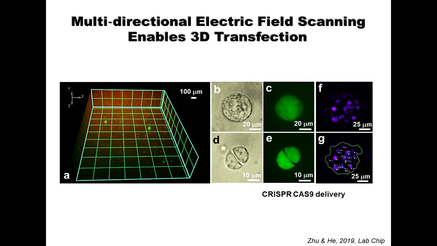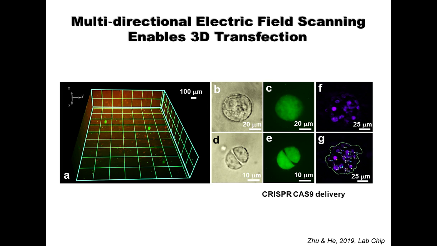And one application is that we actually employ this to deliver the CRISPR-Cas9 plasmid into HEK cells. And as we see, the cultured HEK cells in 3D actually grow into a round shape, like an in vivo tumor shape. And we can introduce the CRISPR-Cas9 into the 3D cultured HEK cells, which can be transfected into the cells to show the green fluorescence color.